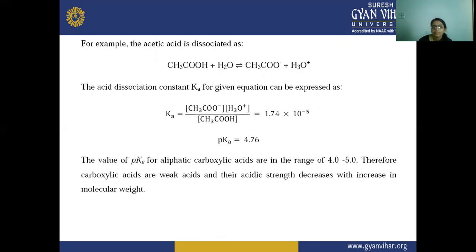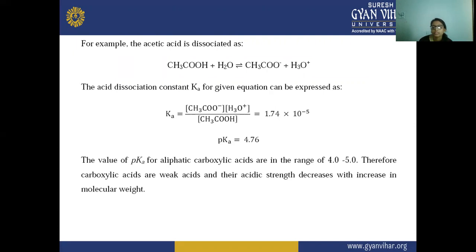For example, here given that the acetic acid is dissociated, it means the acetic acid is ionizing the water in the form of CH3COOH, that is your acetic acid plus water, giving acetate ion plus hydronium ion, and the acid dissociation constant Ka for a given equation can be expressed like this. So the pKa value equals to 4.76. The value of pKa for aliphatic carboxylic acids is in the range of 4 to 5.